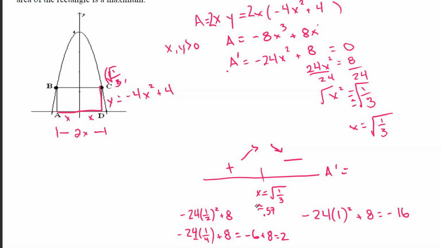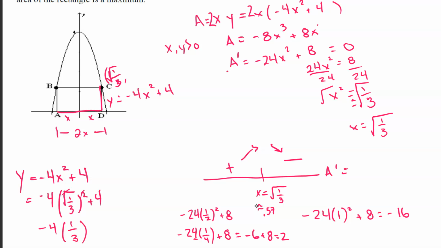So now we need our y. So y equals -4x squared plus 4. Plug in your x, so -4 times square root 1/3 squared plus 4. -4 times the squared and the square root cancel, 1/3 plus 4.